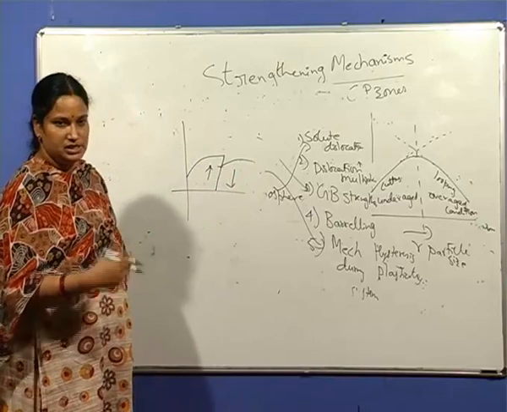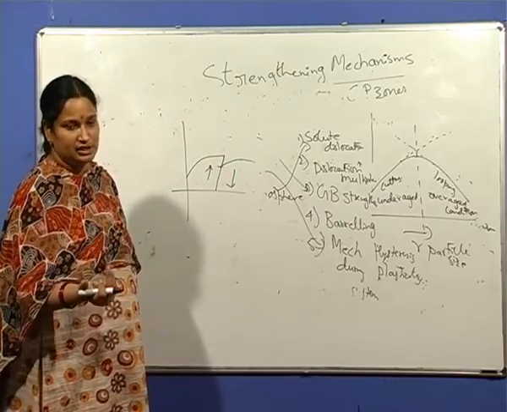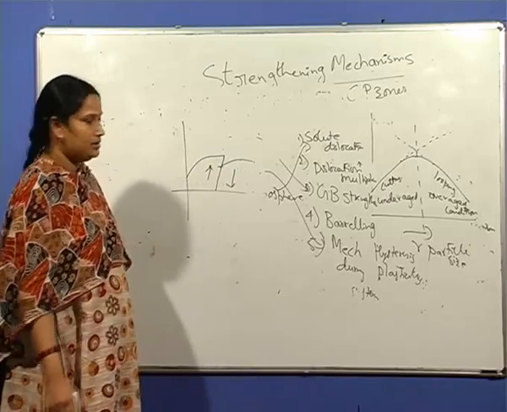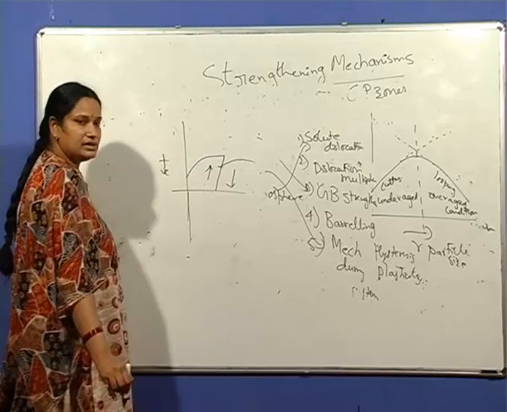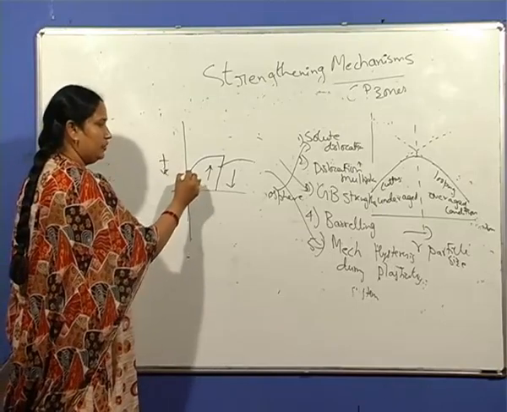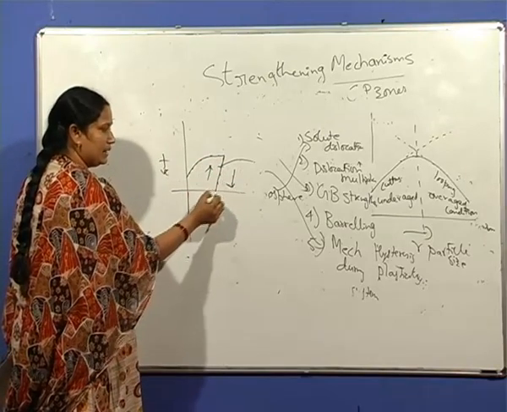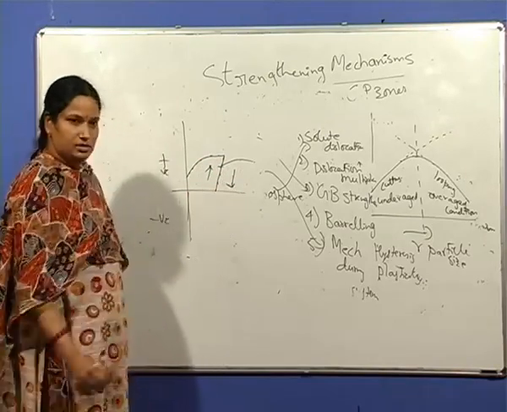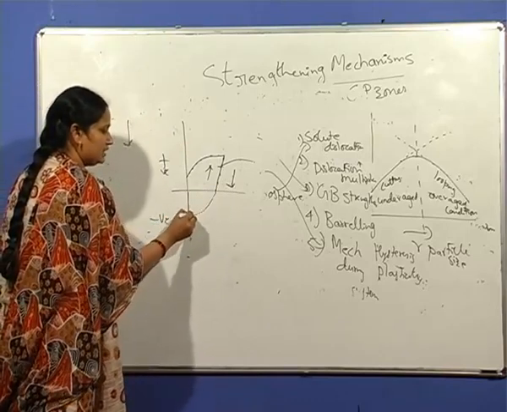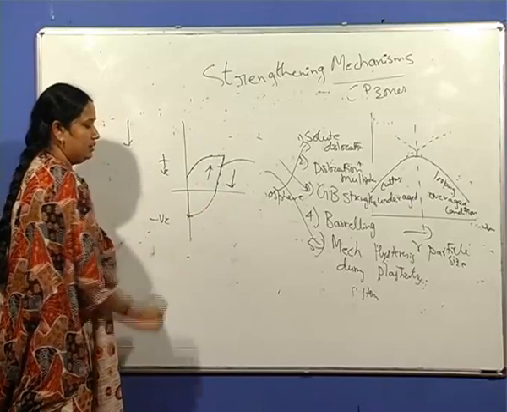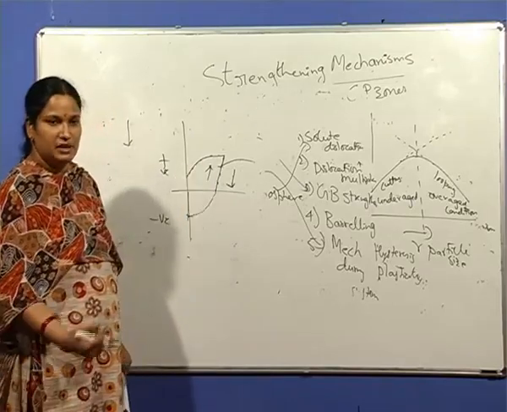This lowering of yield stress when a material is loaded in one direction followed by the other direction is the Bauschinger effect. So if this is the positive axis, that is tensile stress, and you have loaded the material in tension and again reload it in compression, that is the negative side, the material has yielded at a lower stress when compared to the previous one.